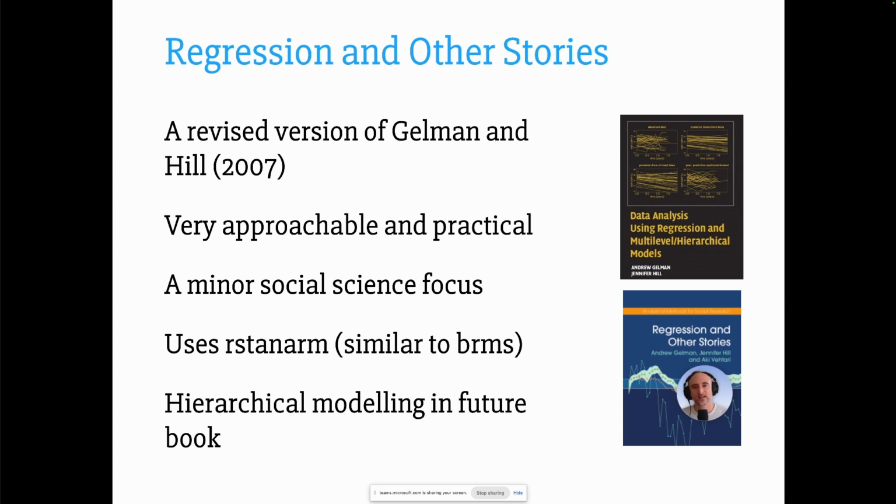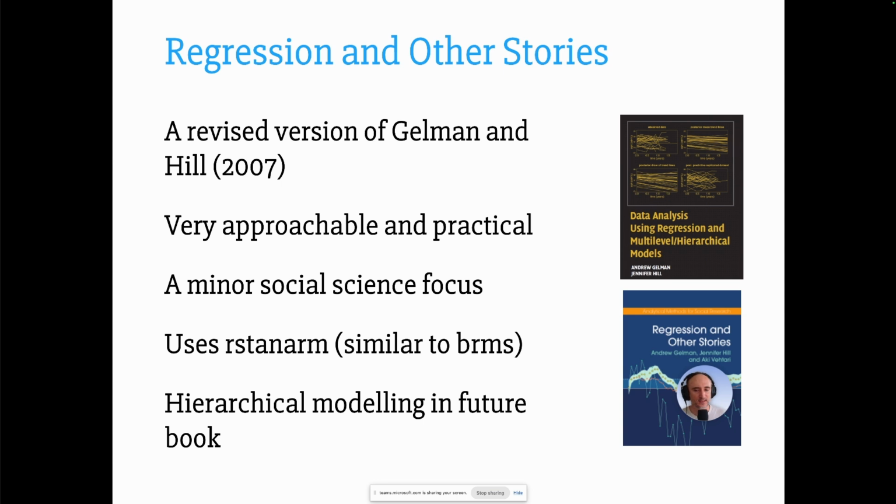And then finally, Regression and Other Stories. You might have heard of Gelman and Hill from 2007, 2008. That's the top one there, the yellow and black book. That's sort of a classic in regression and hierarchical modeling. They've revised that and they're making it into two books. The first book is the one they call Regression and Other Stories. And there's a second one focused on hierarchical modeling that's coming out in the future.